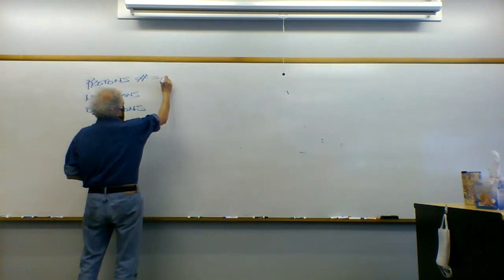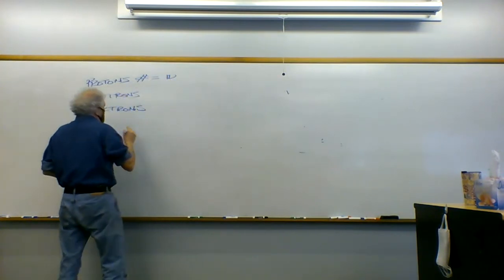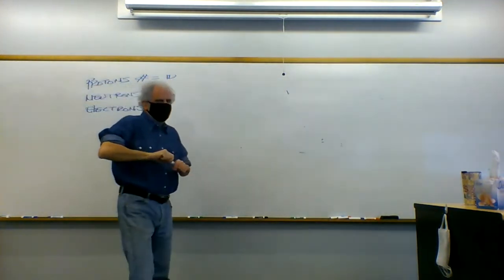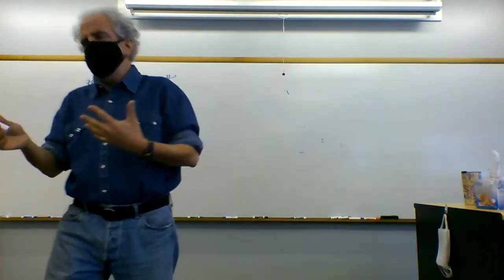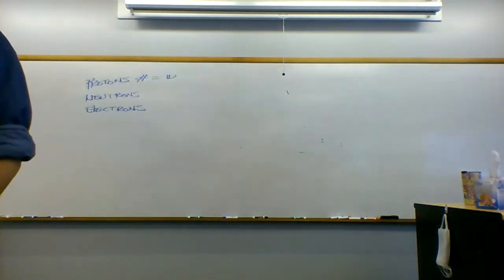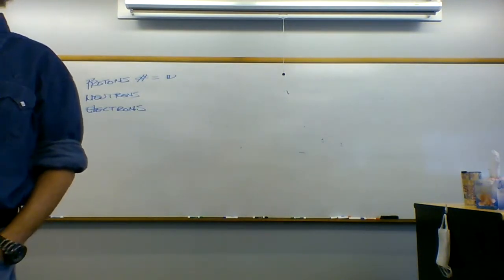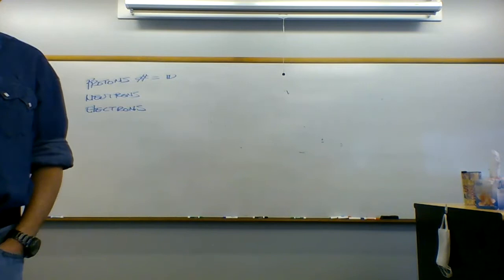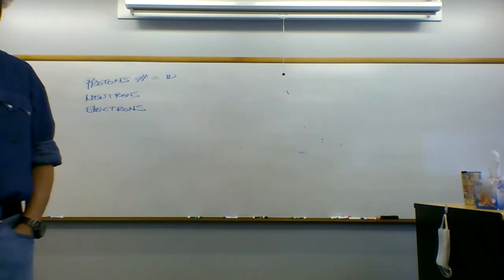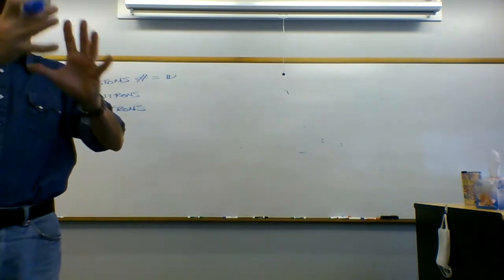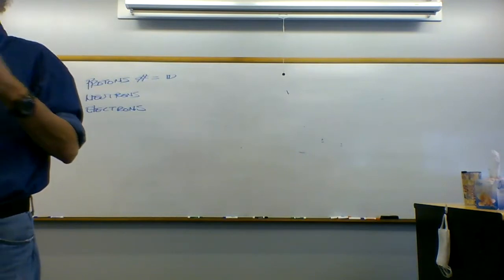One of the little points we made was that the proton number determines the element's identity. If the neutron number doesn't match, we have an isotope, at least that's my better definition. I think the chemist folks might say that the most common form of the element on the planet is the element, and other things are isotopes.